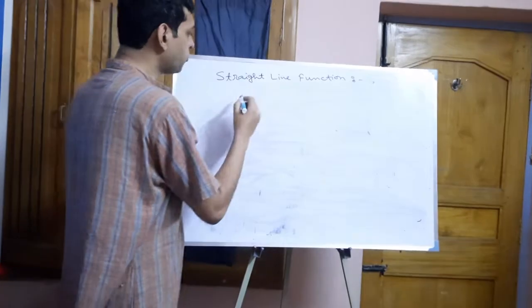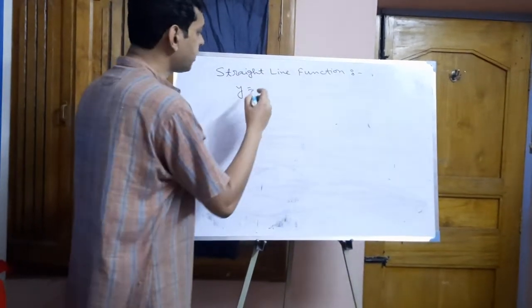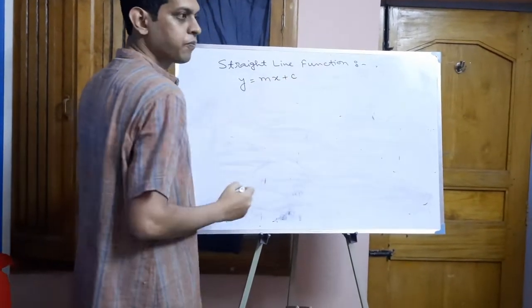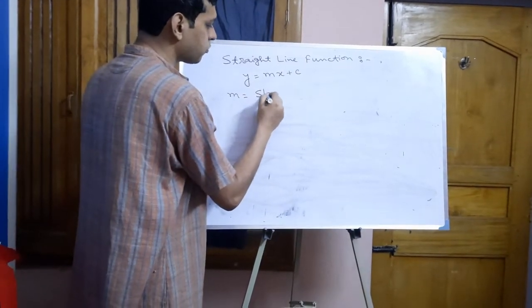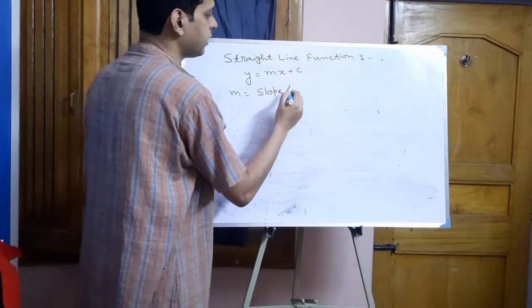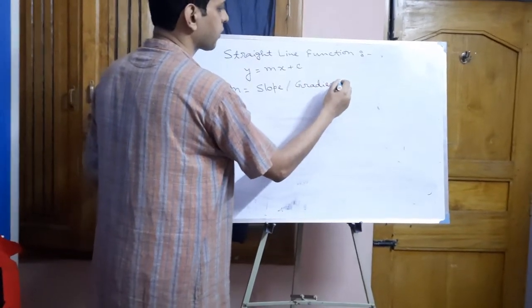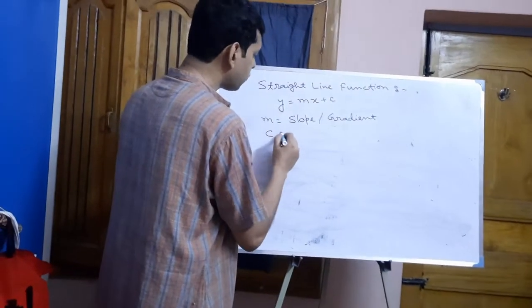Now we all know that the equation of a standard straight line is y equal to mx plus c. Now m equal to what? M equal to the slope or gradient of that straight line. And c equal to what?